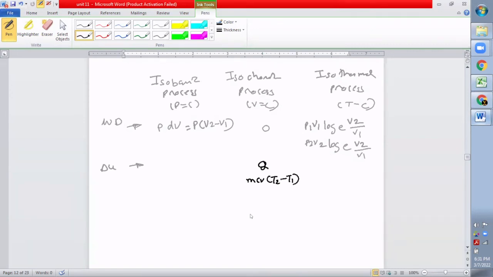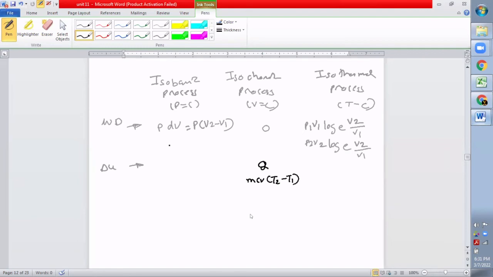how will you define del U in the case of the isobaric process? Tell me, it is equal to, anyone? Is it equal to 0 in the case of the isobaric process?